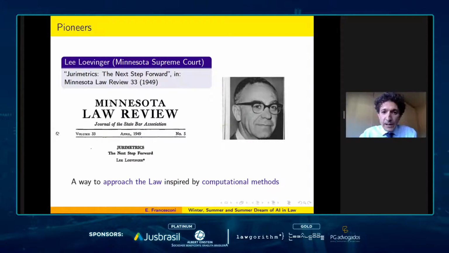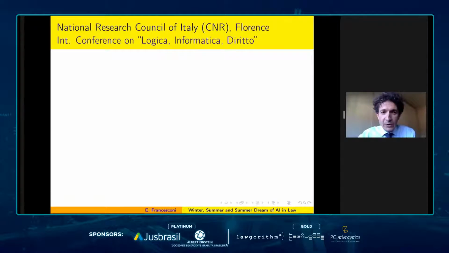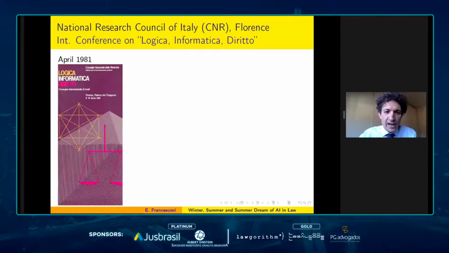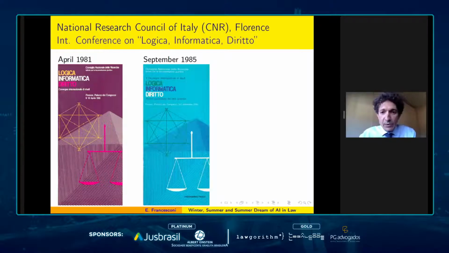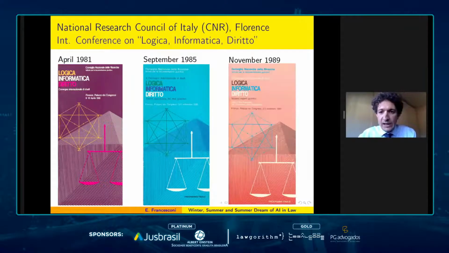But among the pioneers, let me also recall the work done by the National Research Council of Italy in Florence, the institute where I'm coming from, with a series of international conferences on logica, informatica, e diritto, which were organized throughout the 80s: the first in April 1981, then September 1985, and finally November 1989.